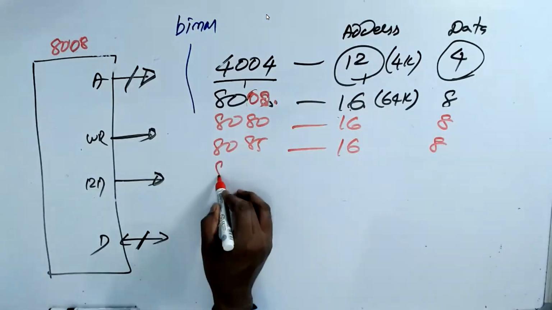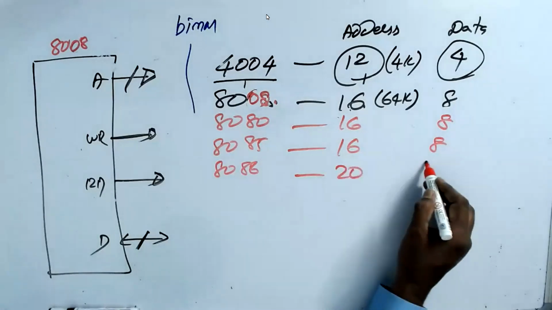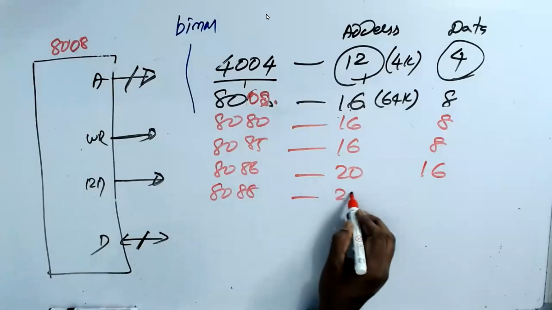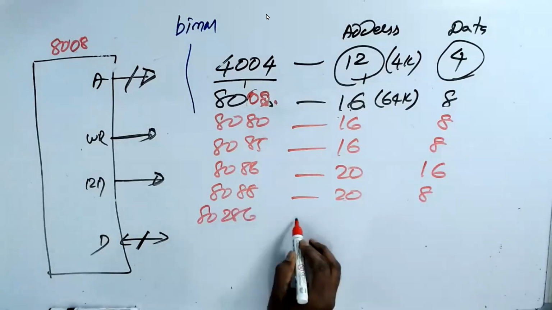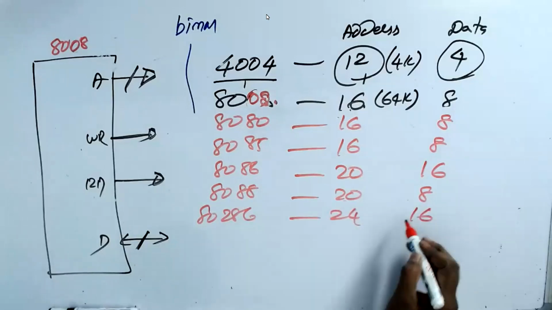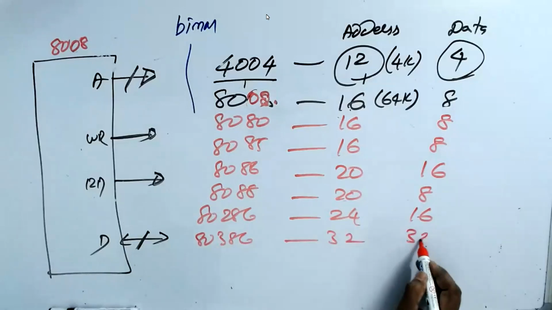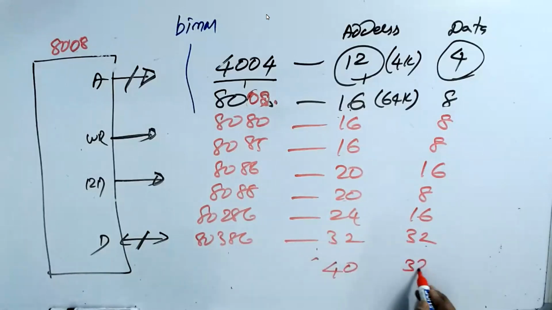Then came 8086. That has 20 address lines, 16 data lines. But they have an 8088. That has 20 address lines, 8 data lines. Then 80286: 24 address lines, 16 data lines. 80386: 32 address lines, 32 data lines. It goes like this. Then they come to the processor called Pentium and all, with 40 address lines, 32 data lines. Then came out with 40 address lines, 64 data lines.